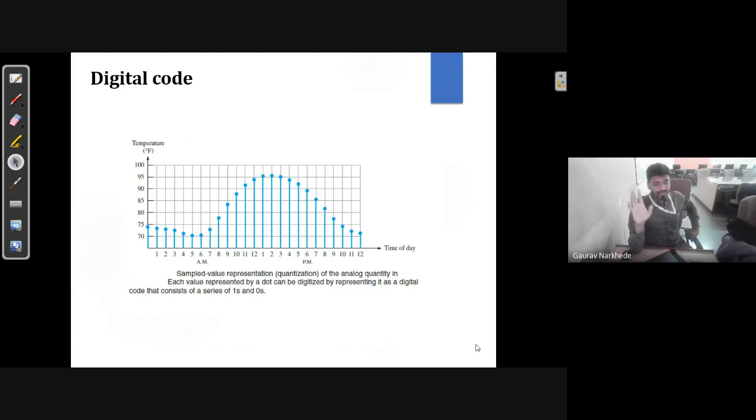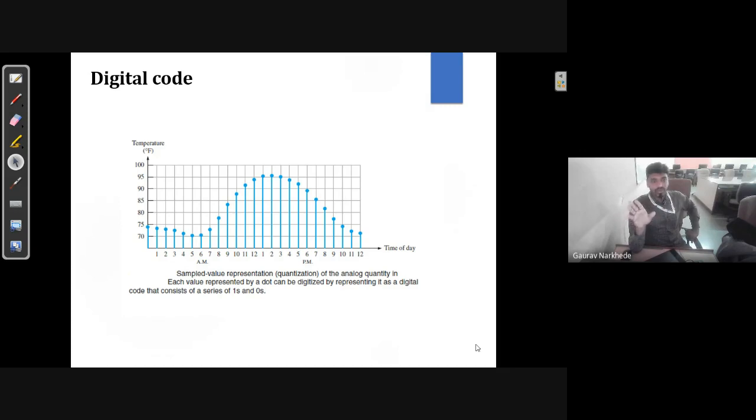But if we measure the air temperature after a particular interval of time, let us say after every 1 hour, you get different readings. For example, the temperature at 12 o'clock is this, but we are not interested in measuring the temperature at 12:15.